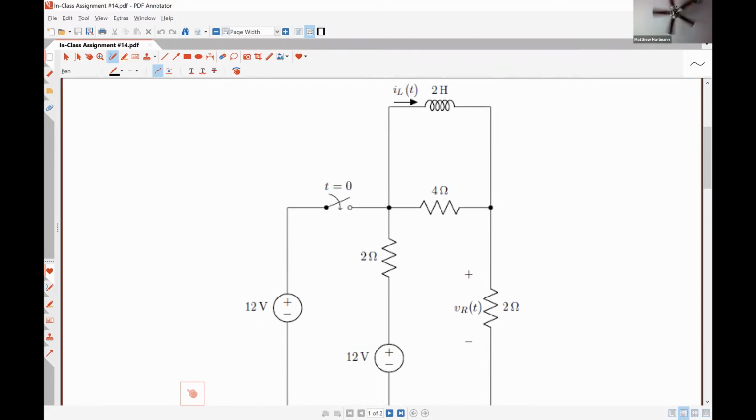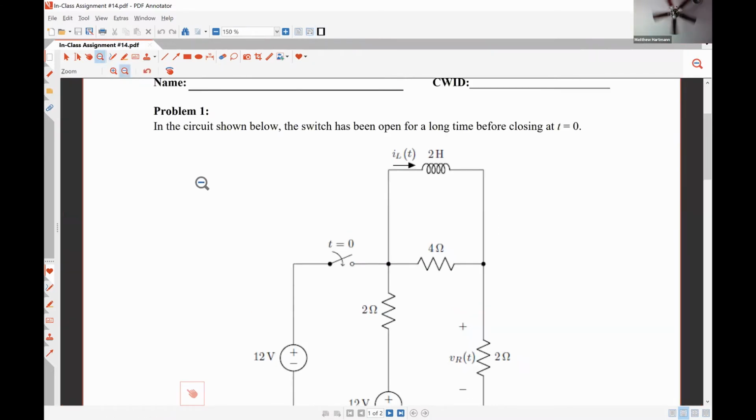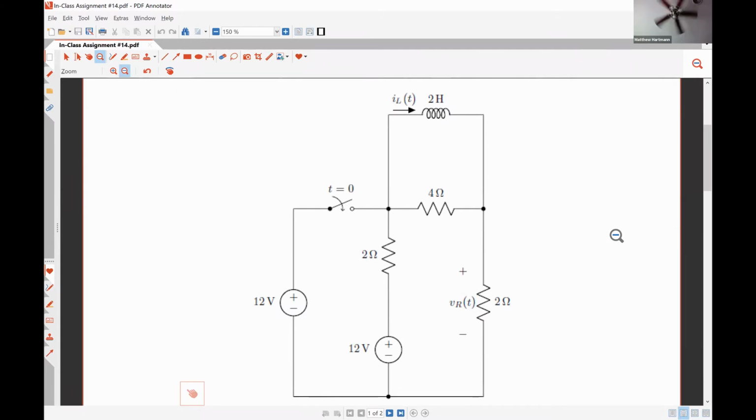So in this first problem, maybe I should zoom out a little bit so we can see the whole thing. When that switch closes at t equals 0, it's adding in this left 12-volt source, this guy right here. In addition to that, this 12-volt source is completely unaffected by the switch opening or closing.